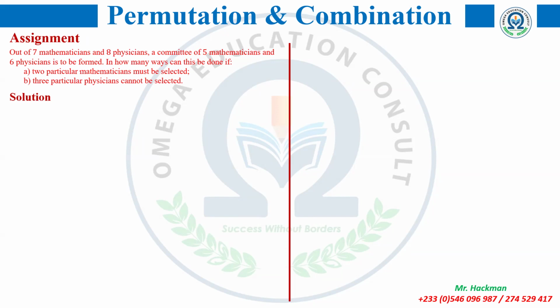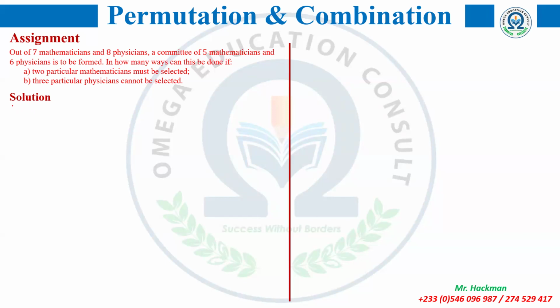We are very much interested in the total number of mathematicians as well as the total number of physicians that you are going to choose from. That's not to say the number you are supposed to choose to form the committee is not important. It's equally important, only that when extracting, we are more interested in their total number.